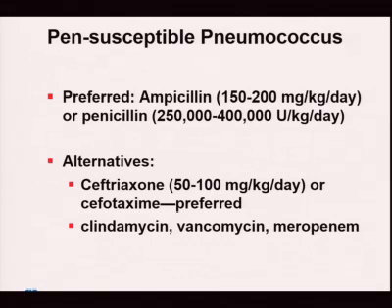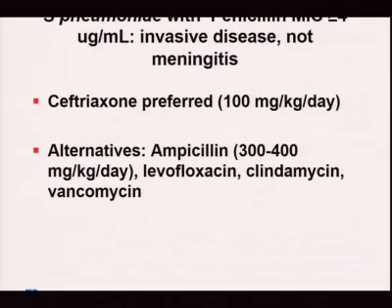Once you have a bug, if you have a bug, which we rarely do with bacterial pneumonia, if you have a pen-susceptible pneumococcus, then certainly you should use ampicillin or penicillin, and these are the alternatives listed here for pen allergies. Again, the top of the slide is cut off for some reason. I'm not sure why.